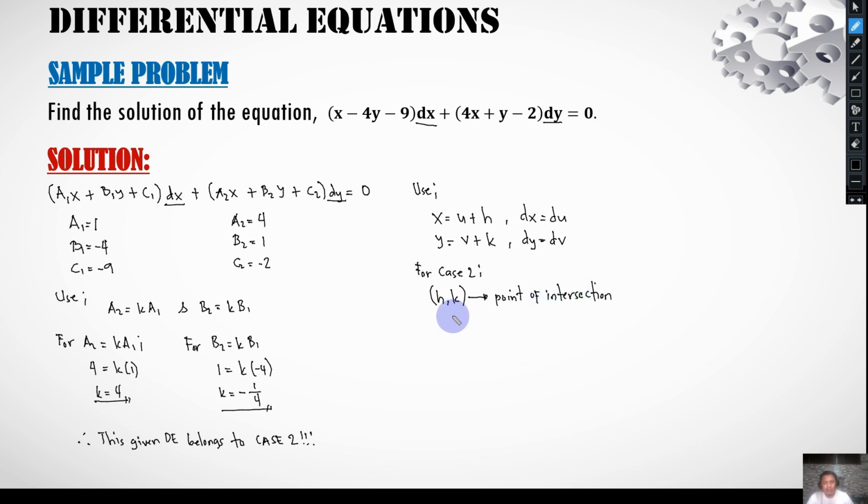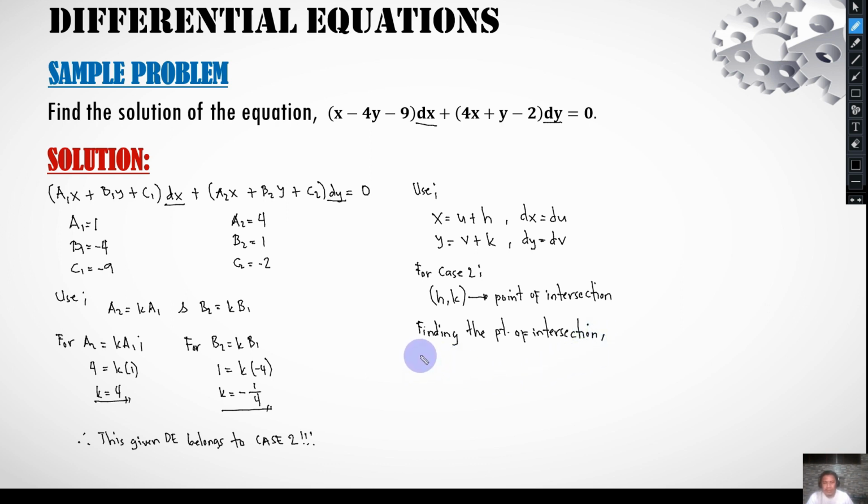So by this, paano natin makukuha itong point of intersection natin, no, students? So we are going to find the point of intersection. So paano natin makukuha itong point of intersection, student, no?